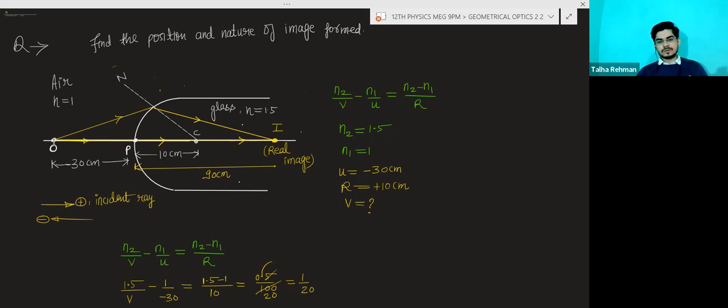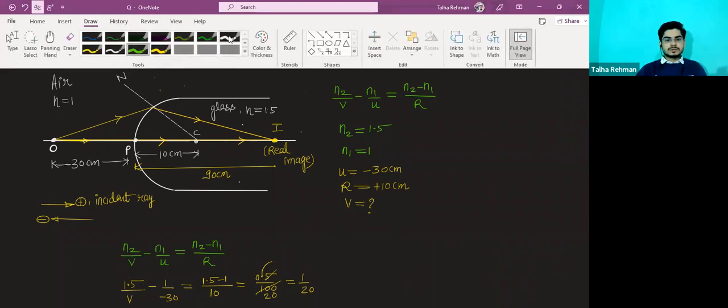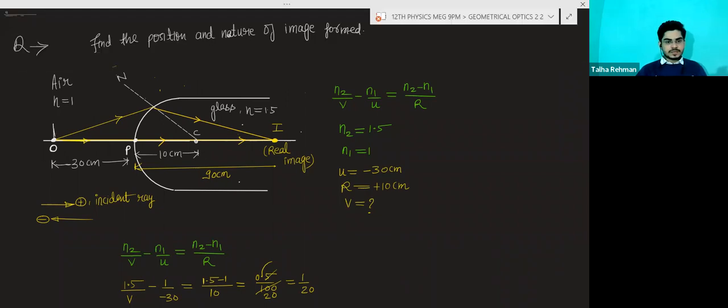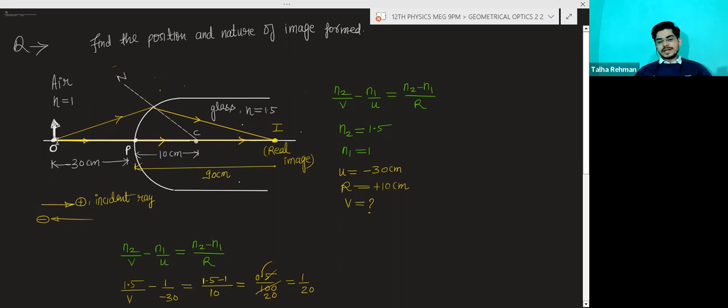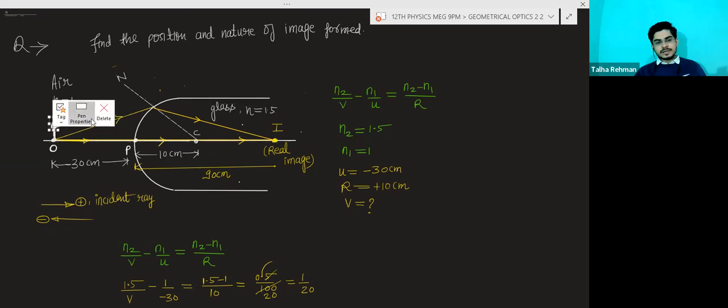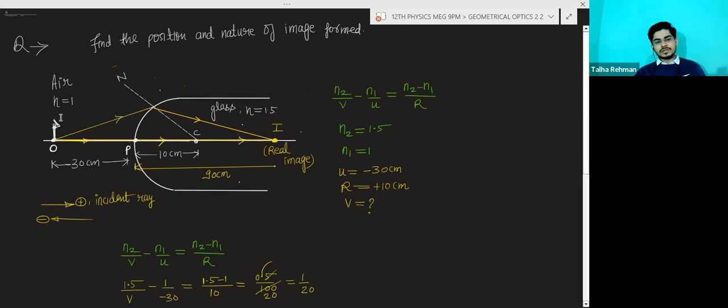If this object is supposed to be like this, of this type of length, then we can define that above the principal axis the height is positive, and below the principal axis the height is negative. Basically the concept of magnification is valid generally for mirrors and also lenses.